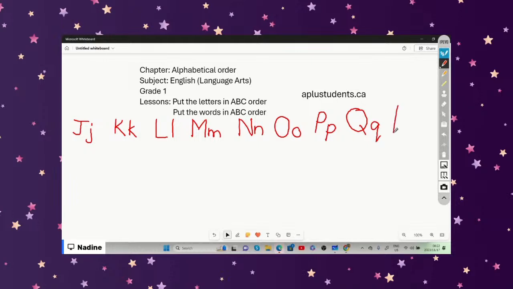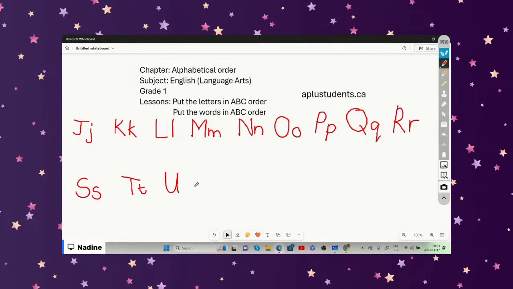And then we have R. Then we have S, capital letter, or S for snake. Then T.